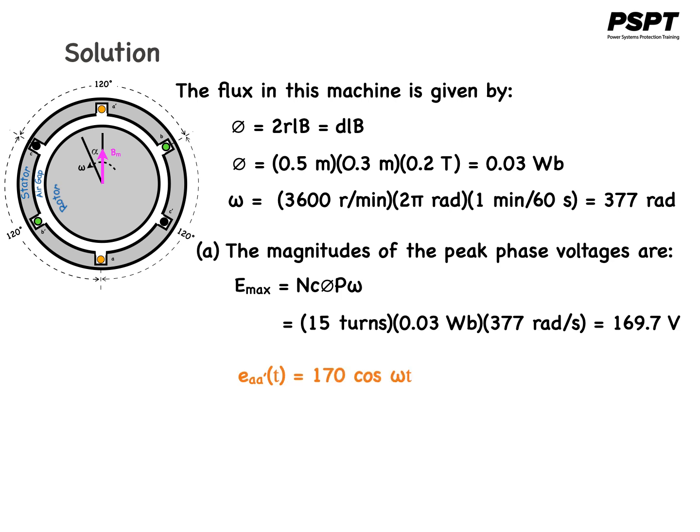And the three-phase voltages are: the A phase is 170 cos omega t, B phase is 170 cos (omega t minus 120 degrees), and EC is equal to 170 cos (omega t minus 240 degrees).